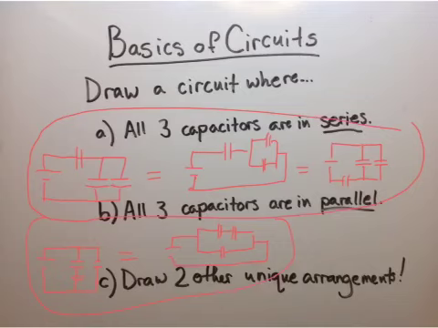There's two possible ways of drawing that arrangement. By the way, in drawing this I am presuming three equal capacitors. If the capacitors have different values, then obviously you could have different arrangements by just switching the position of two capacitors. But if they're all three equal capacitors, then these are two other possible arrangements.